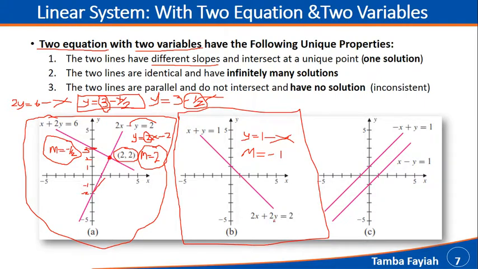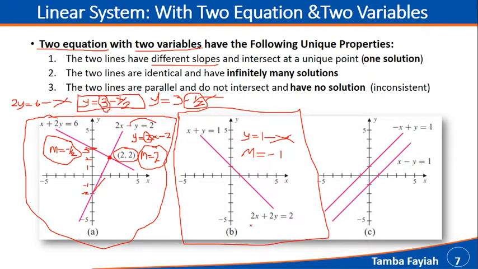The second line is a multiple of the first equation, meaning if we multiply the first equation by 2, we will produce the second equation. Or if we multiply this equation by 1 over 2, we produce the first. So both of them are just a constant multiple of the other, which makes them identical. With that, the two equations have the same slope.